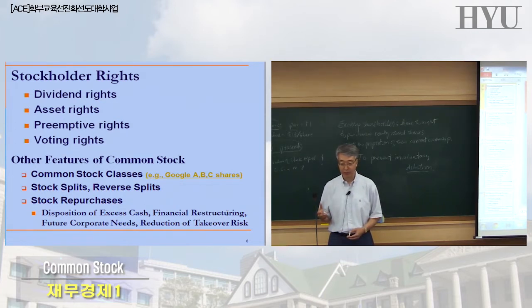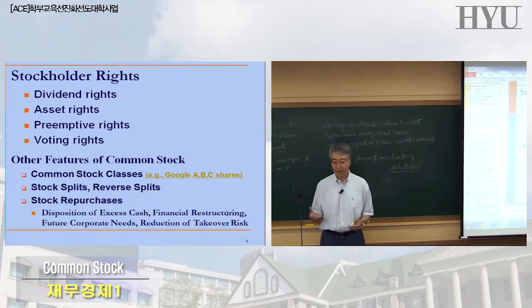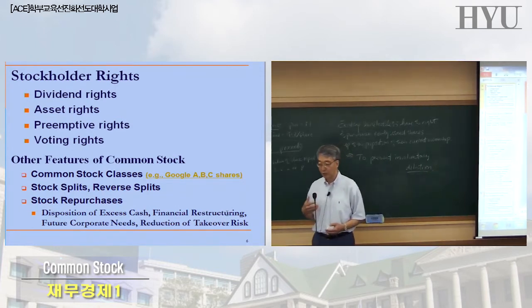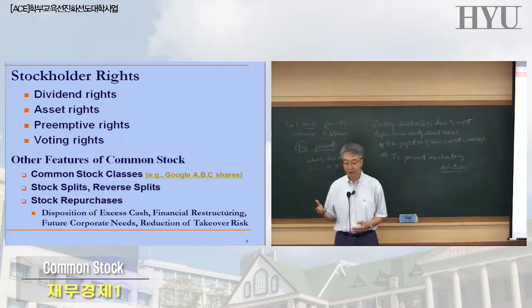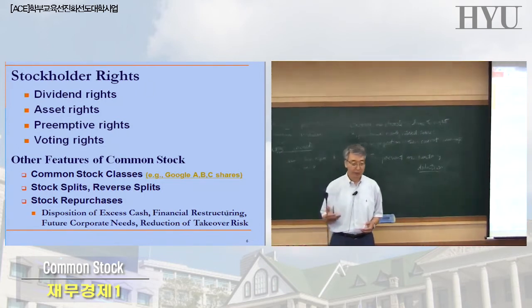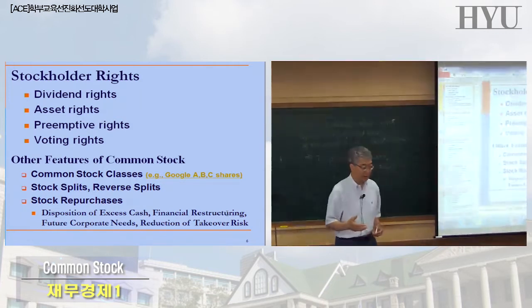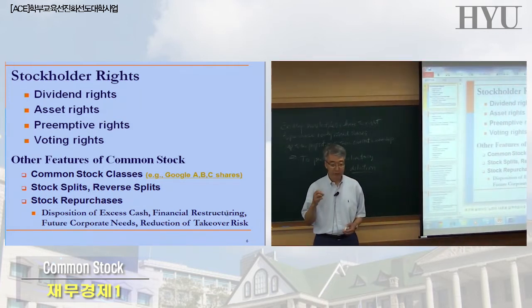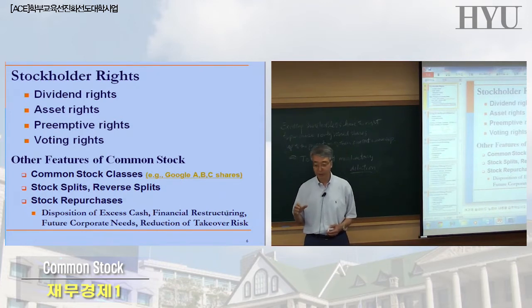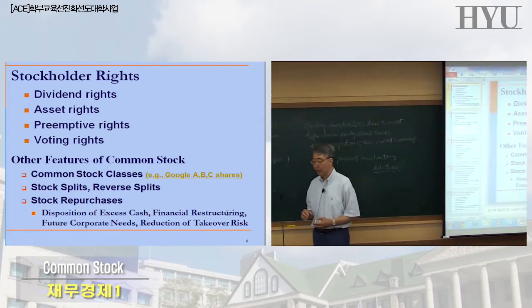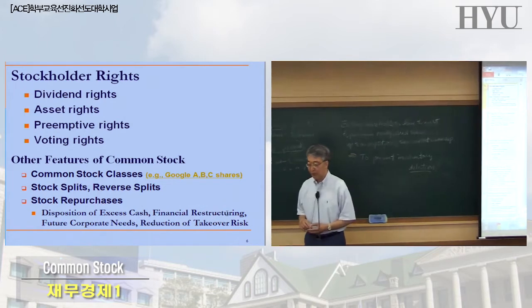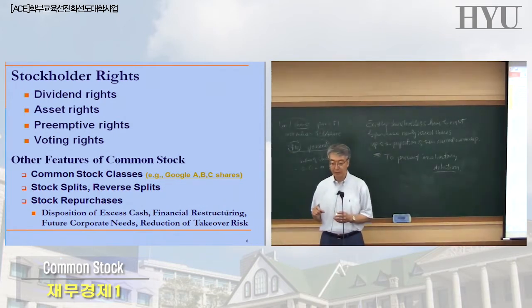Your investment company, if you have your account at any investment company like E-Trade, provides your information to Microsoft. So Microsoft has the whole list of stockholders, and they are supposed to notify all the stockholders of the upcoming stockholders meeting. And they also send a proxy statement.